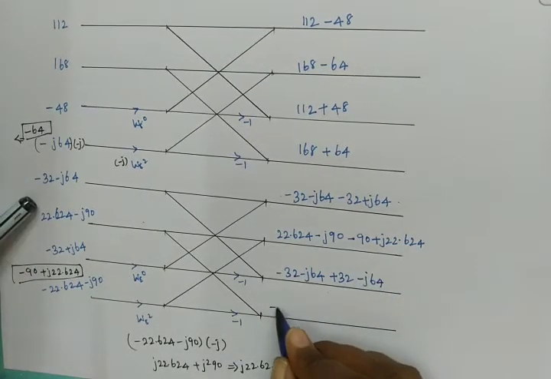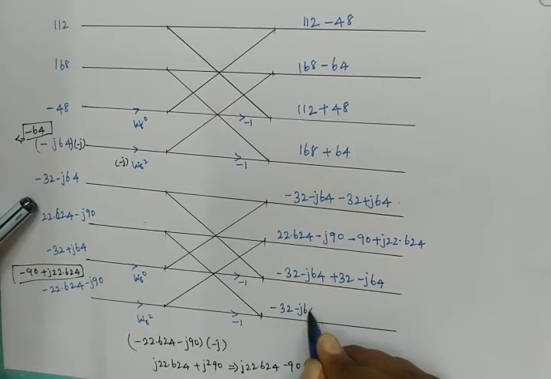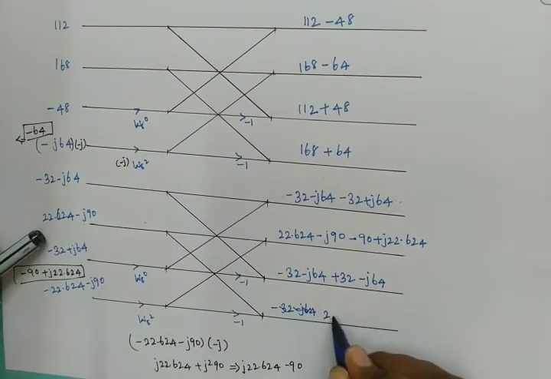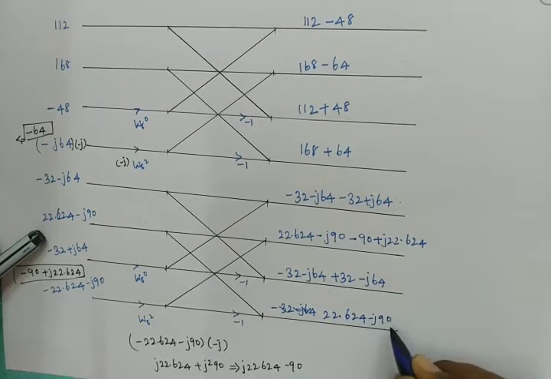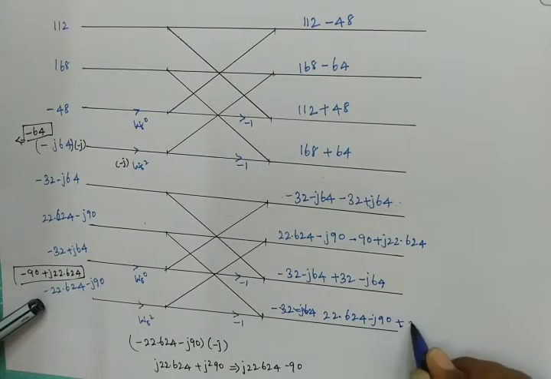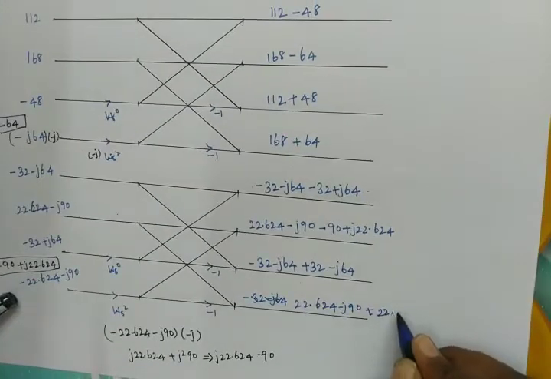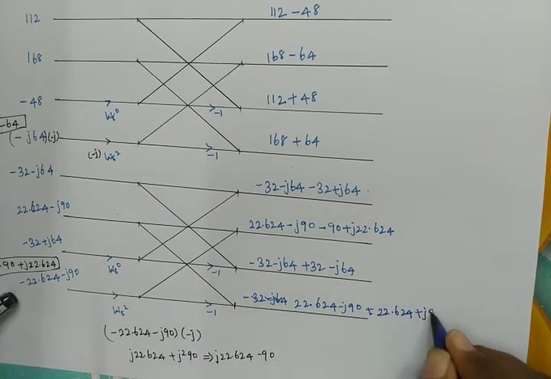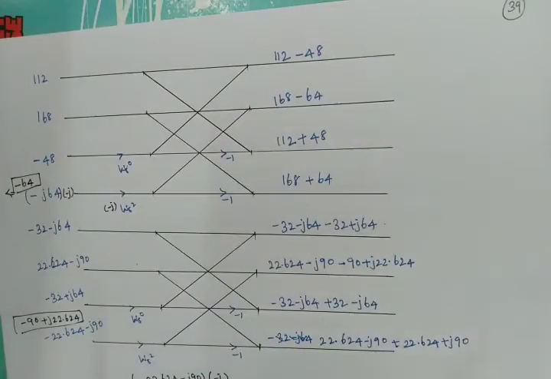And here it is minus 32 minus J 64. Here it is 22.624 minus J 90. And here it is multiply with the minus, plus 22.624, minus into minus plus J 90.